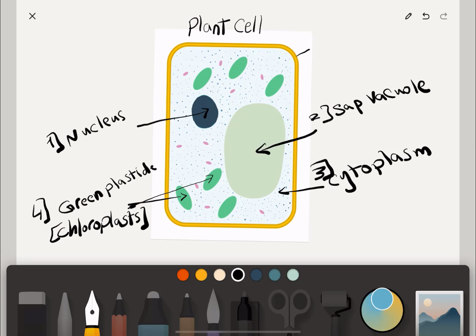The outer part, or the outer wall, is called the cell wall. The inner one is called plasma or cell membrane.